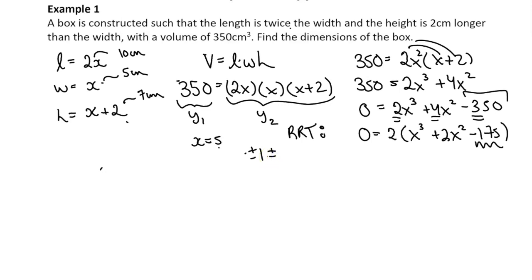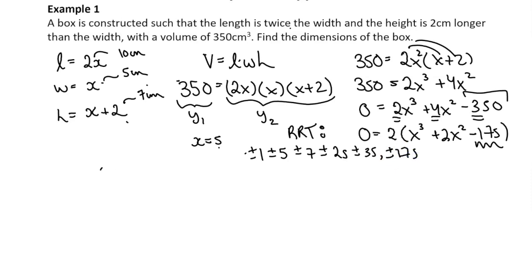If you start listing that out, you would say, okay, there would be 5, 25, oh no, sorry, 7 actually goes into it as well. 25, 35, and 175.